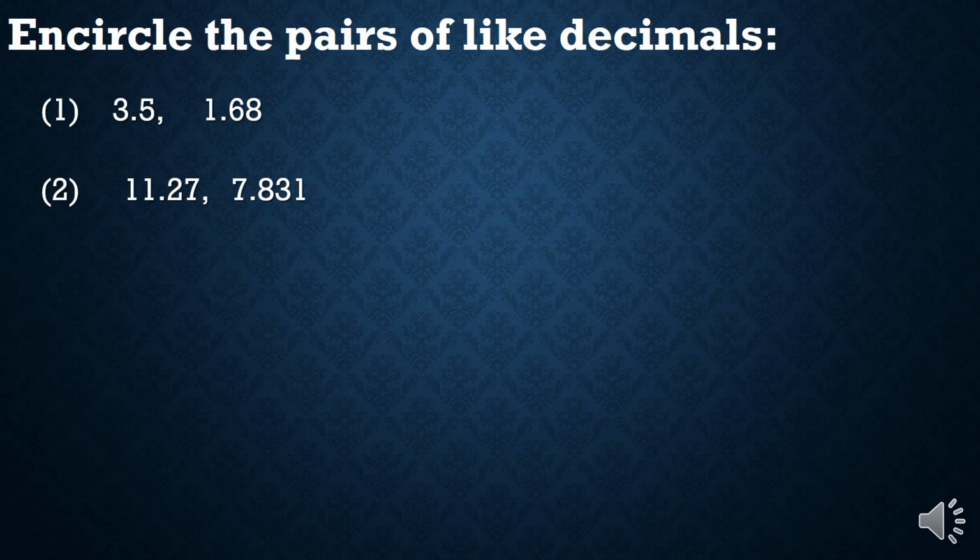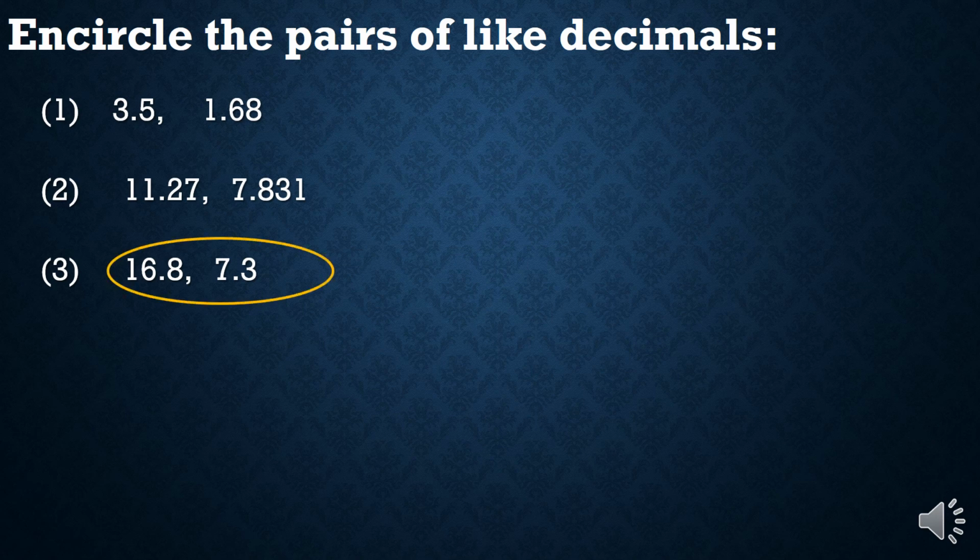See, in 11.27 after decimal 2 digits, but in 7.831 after decimal 3 digits. So it is a pair of unlike decimals. So leave them. Question number 3. 16.8 and 7.3. See, in 16.8 after decimal only 1 digit and in 7.3 after decimal only 1 digit. So what do you observe? Yes, after decimal both the numbers have 1 digit. So it is a pair of like decimals.